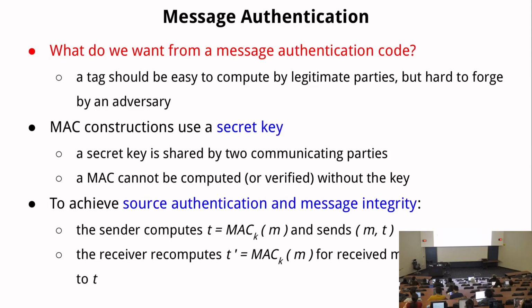This tag we can call MAC, which is some kind of MAC algorithm with a key that takes the message as input. This can be as simple as an encryption, such as AES encryption. Then Alice sends the message to Bob. In this case, if the MAC algorithm here is just AES, then the message, let's say, is 120 bytes.